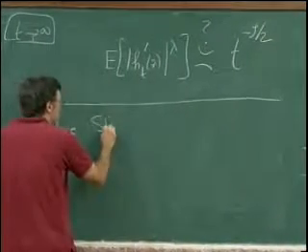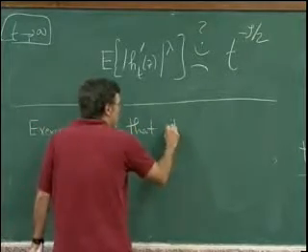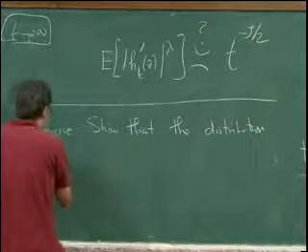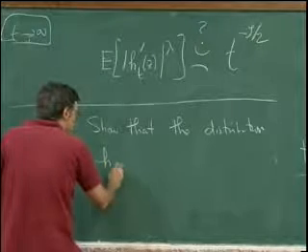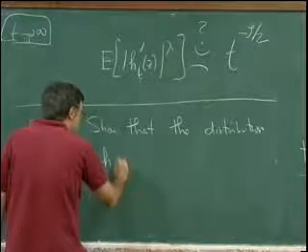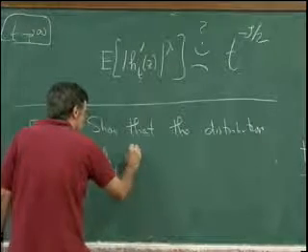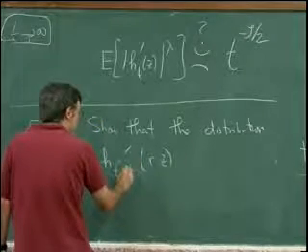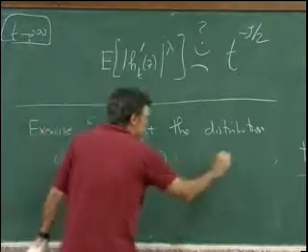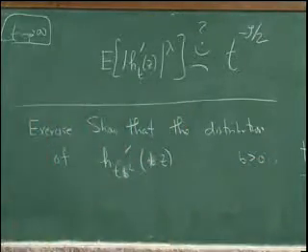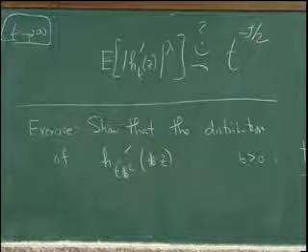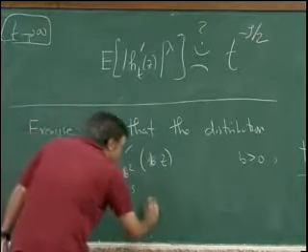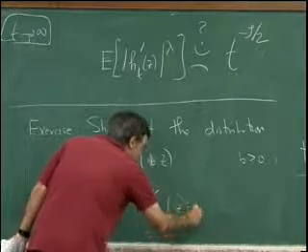Exercise: show that the distribution of ht b squared prime of bz, where b is bigger than 0, is the same as ht prime of z.